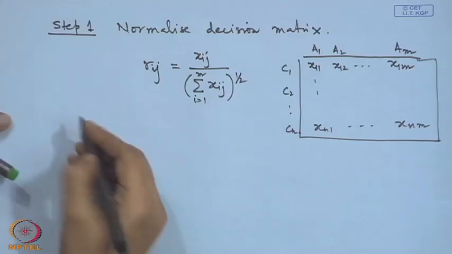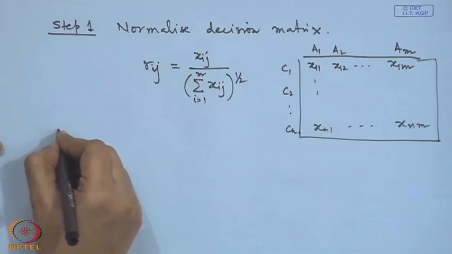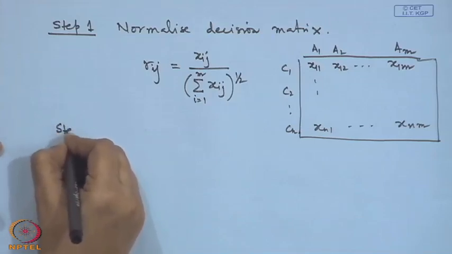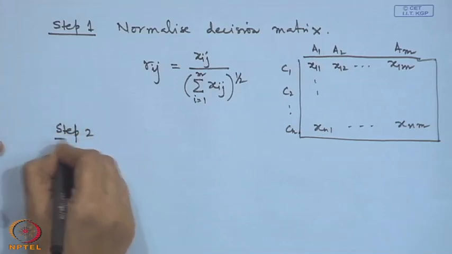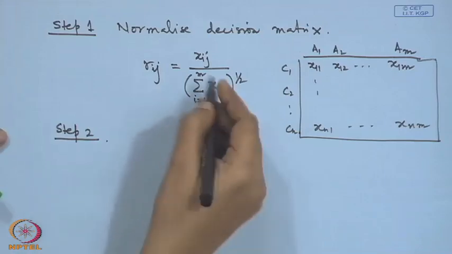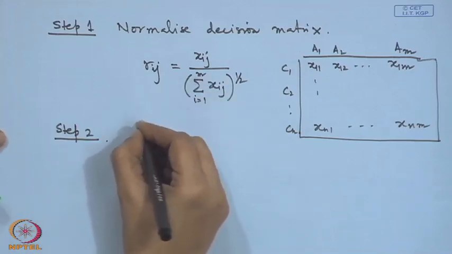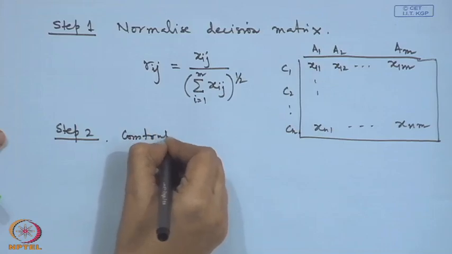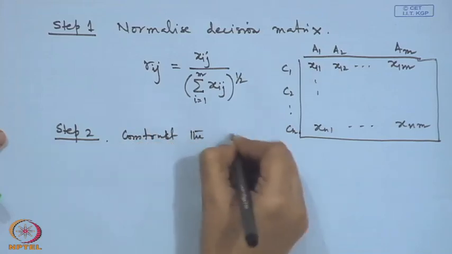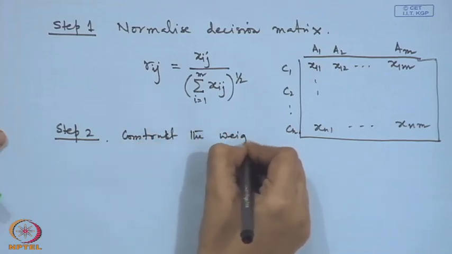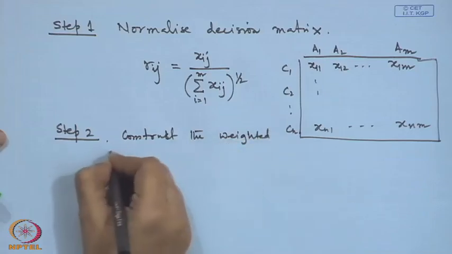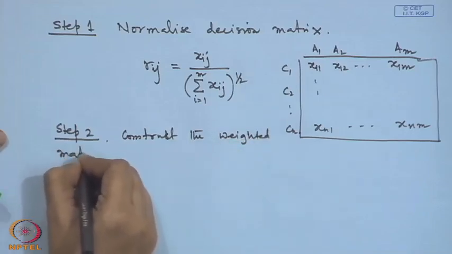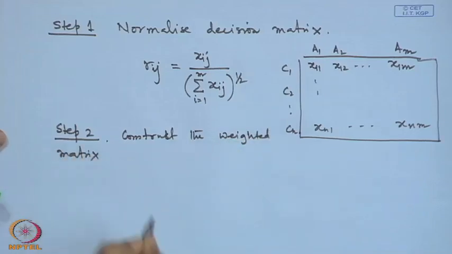Okay. Second step: construct the weighted matrix. How is the construction done?